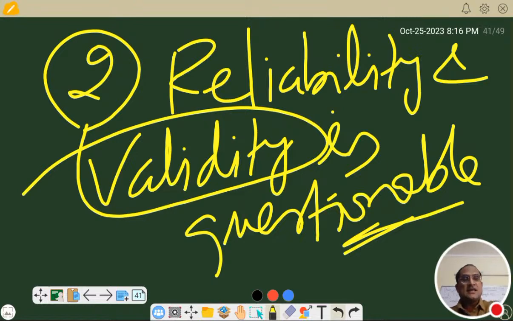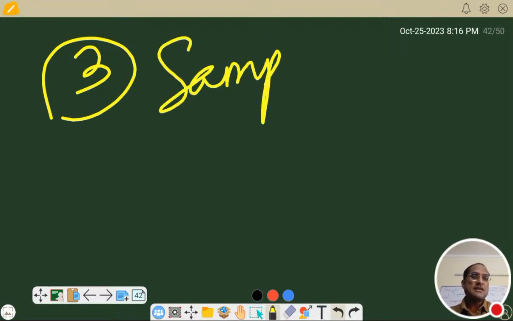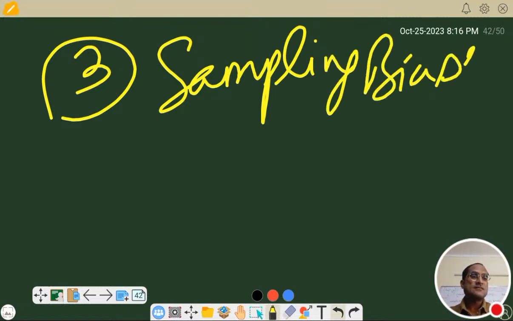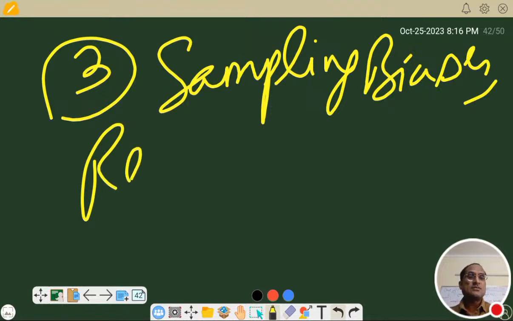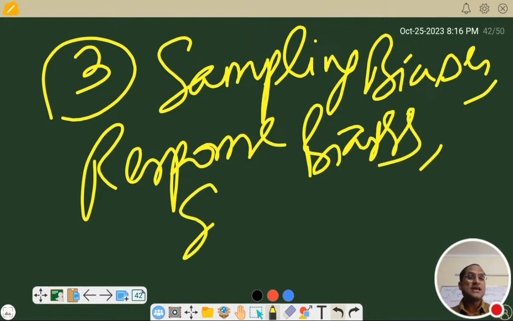Another limitation, as we have already talked about in the case of survey, is biases in the case of observation. Which are the biases? One is sampling bias. While choosing the sample itself, the researcher is biased. Then there are response biases. We have already studied these biases. And social desirability.